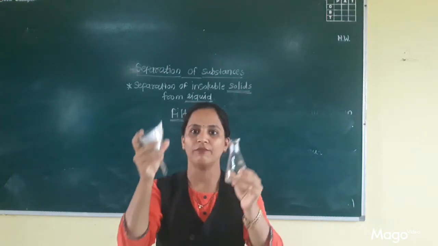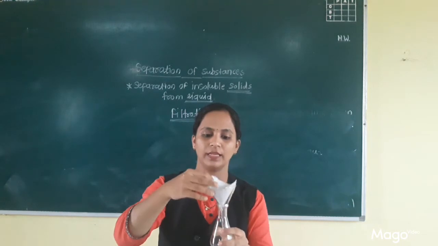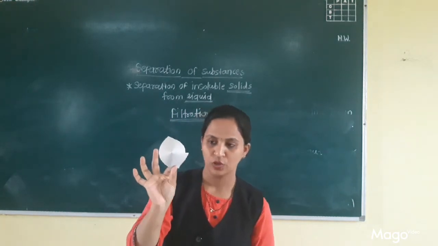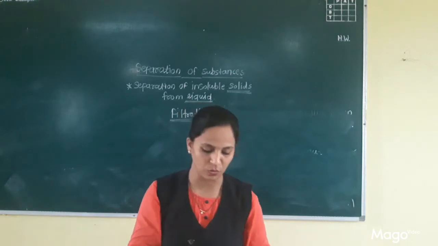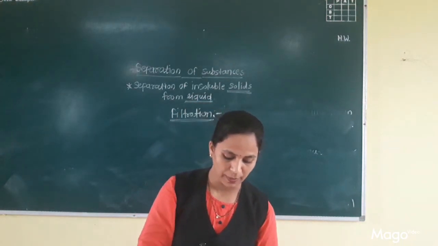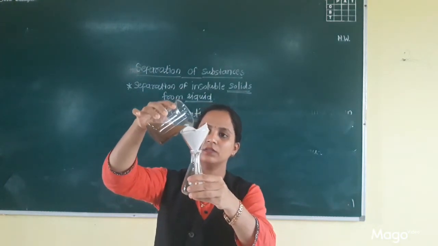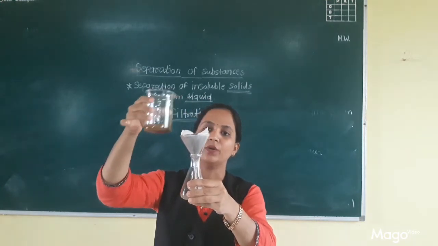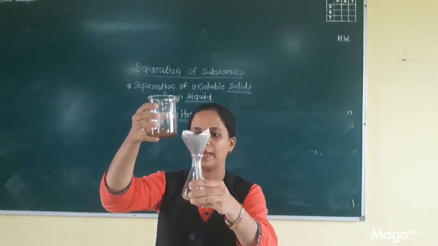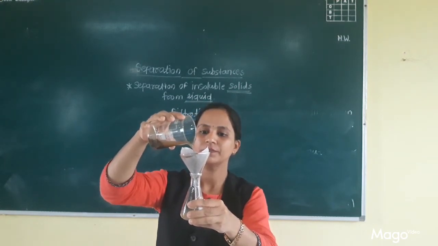It is a conical flask, and it is a funnel, and this is filter paper. So this time we are going to use this filter paper to separate these insoluble particles from that mixture. You have to pour all this into this funnel, and by this filter paper it all gets filtered easily.